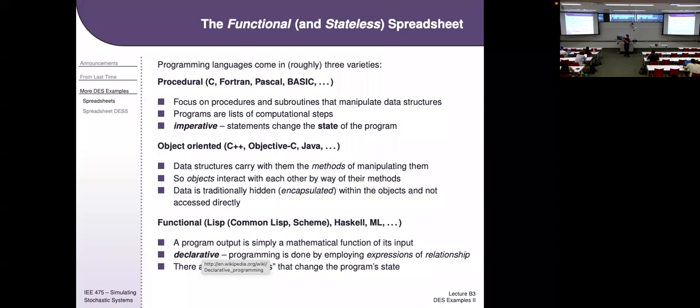Instead, we just specify relationships from inputs to outputs. And then we just get an output, and we have no idea, in the recipe sense, how the output was calculated. We just know that the output has a certain relationship to other variables in the program. So there are no side effects that change the program's state.